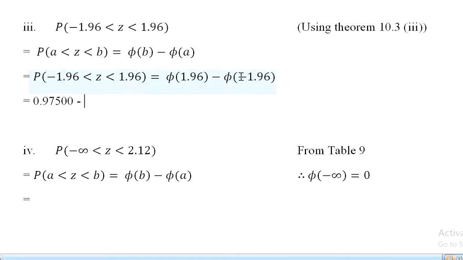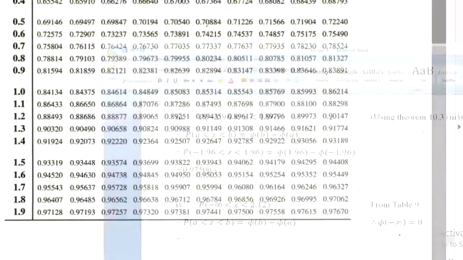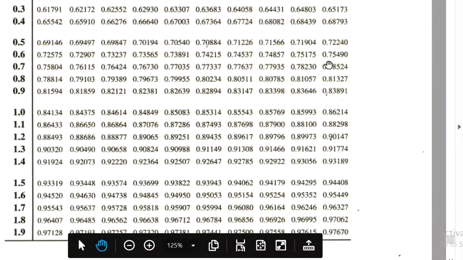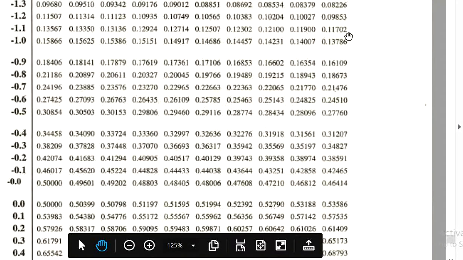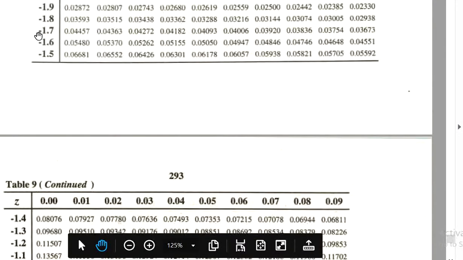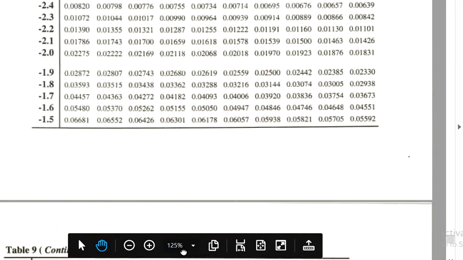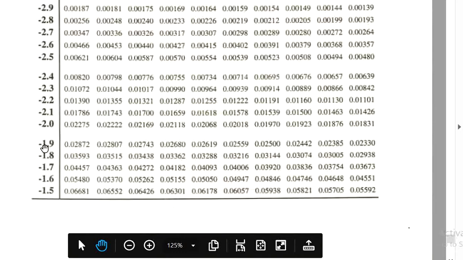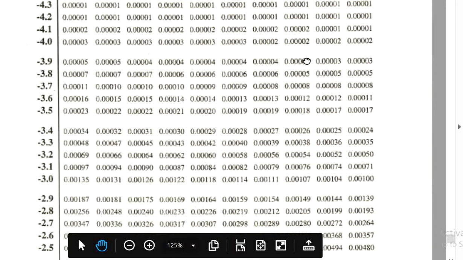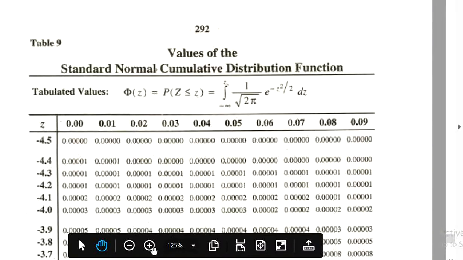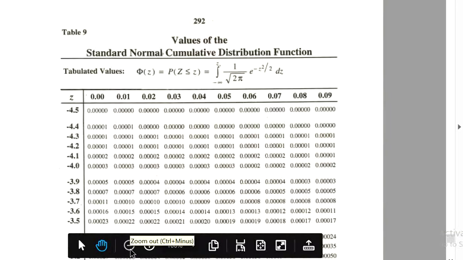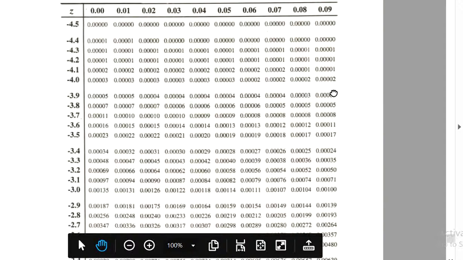Now let's look at minus 1.96. Okay, it is not there. This is minus 1.96. It is here, see, sixth column. I am zooming it out.